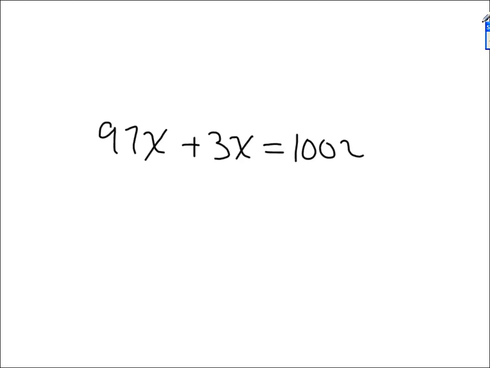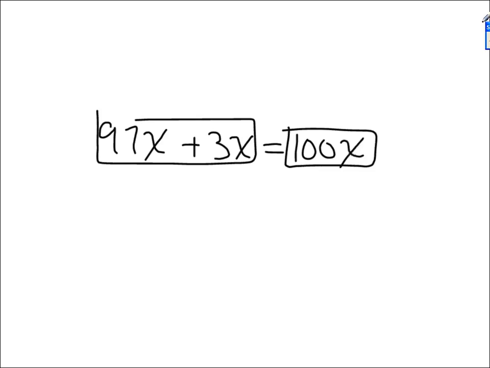Okay, it puzzles me that students can do this problem. 97x plus 3x. On an exam, most of the students will say 100x. Question is, simplify this. The answer is, of course, 100x. And then I say, what's 97 times 5 plus, say, 3 times 5?